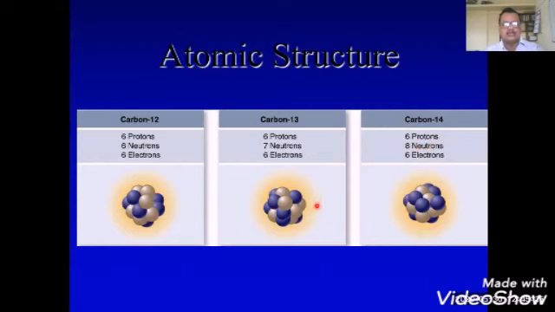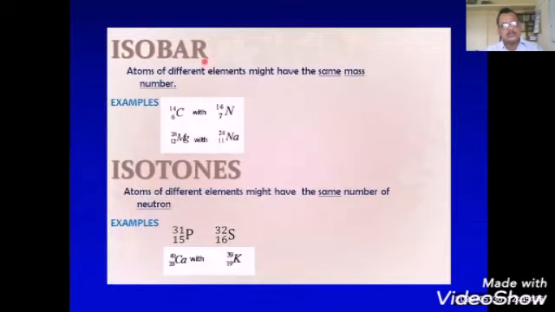So isotopes, they are atoms of the same element which have different mass numbers, and isotopes have different numbers of neutrons in their atoms. Then there is another similar term, called the isobar. And what are isobars? Just the opposite of isotopes. They are atoms of different elements, but they have the same mass number.